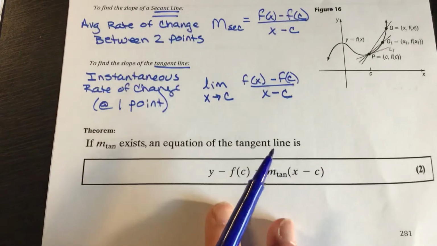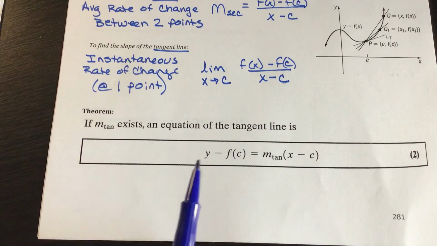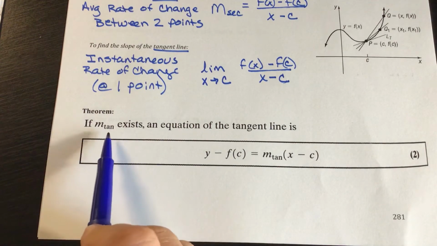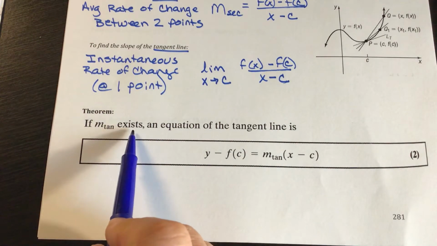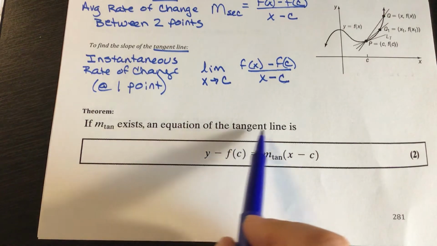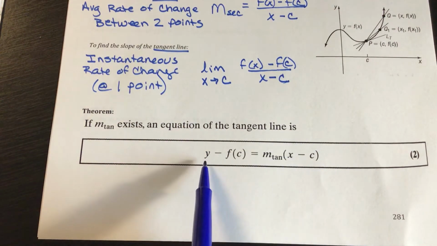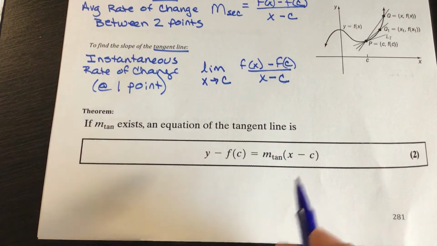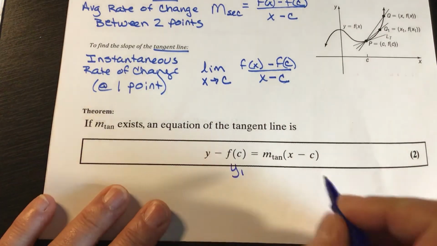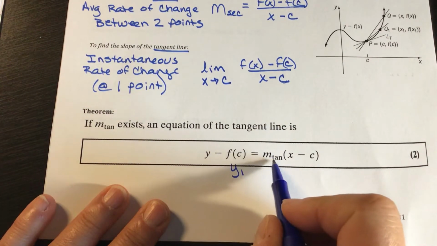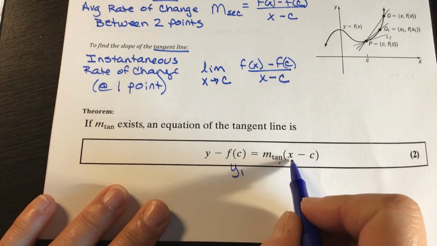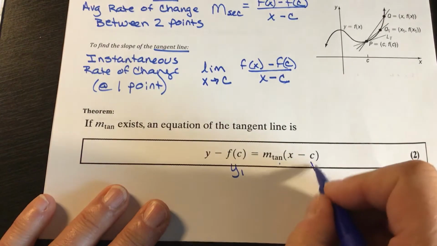But down on the bottom it says if the slope of a tangent line exists, the equation of the tangent line is y minus f of c, we can call this y1, equals the slope of the tangent line times x minus c, or x1.